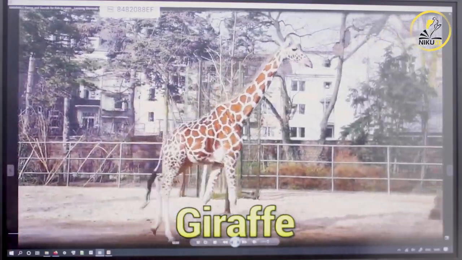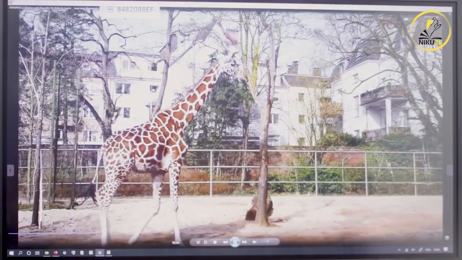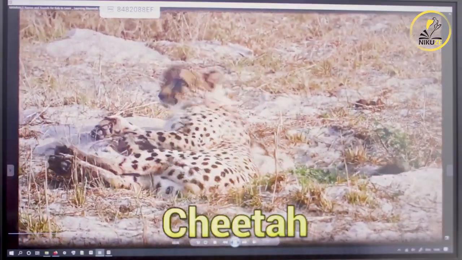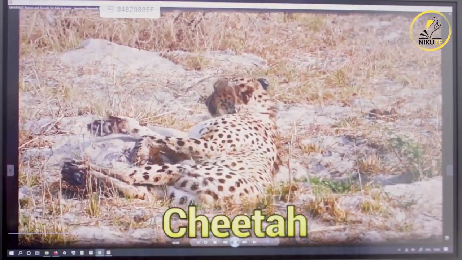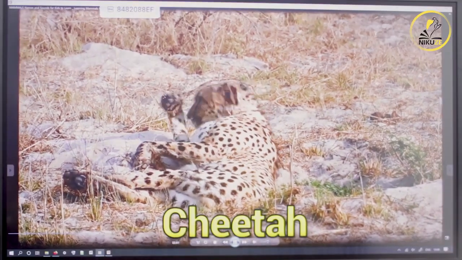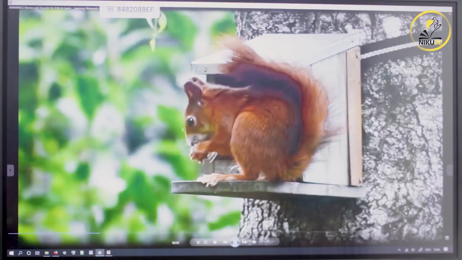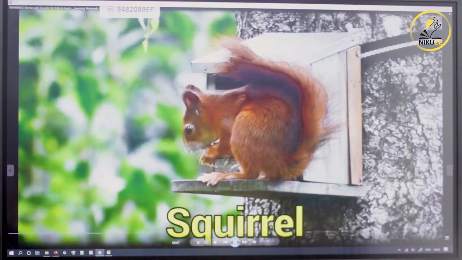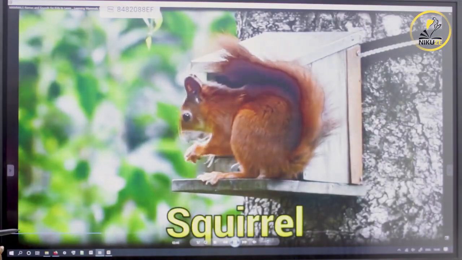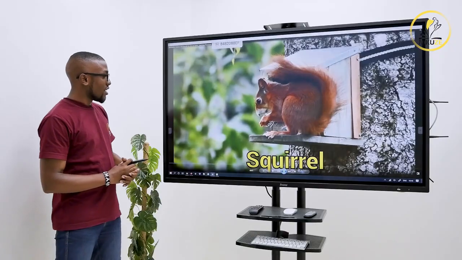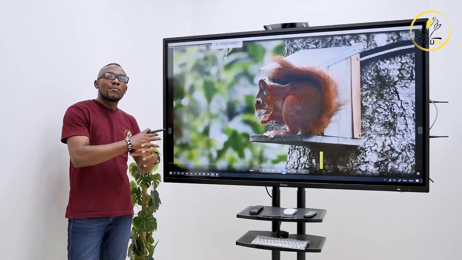As you can see, there is also the giraffe. There are quite a number of mammals. Cheetah, there you can see it. I know some of us have seen them in the zoo, physically. Then you also have the squirrel, also a mammal. So I think these are some of the mammals that we have, and the number is big.